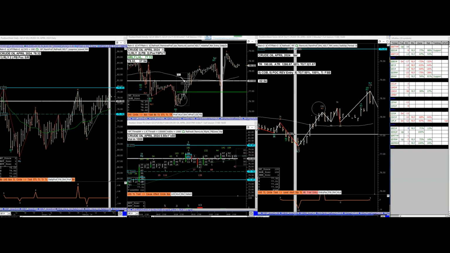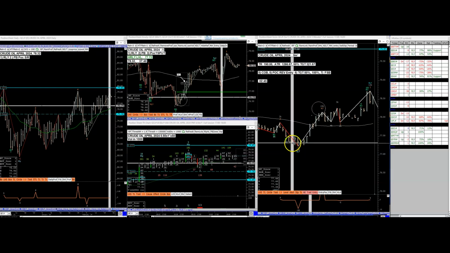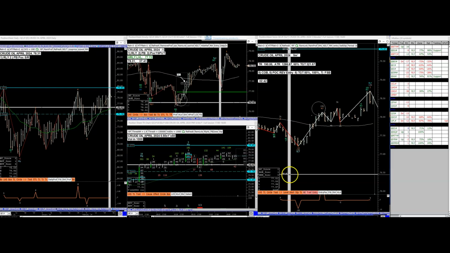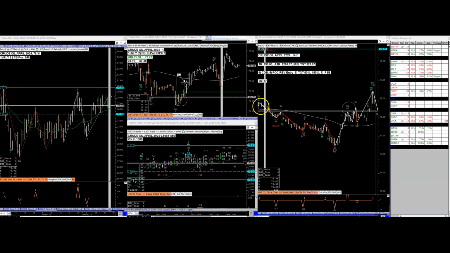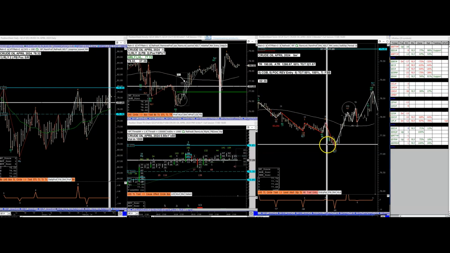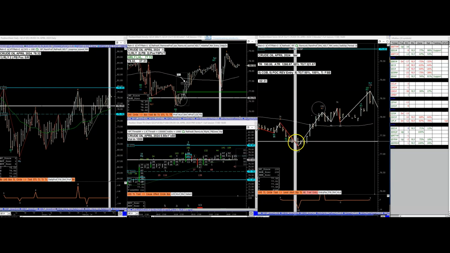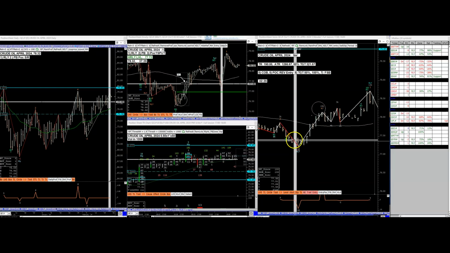This green bar is the biggest green bar in 100 green bars. Again, this green bar here is the biggest green bar in 100 green bars. It's not normal. That right there is your change of behavior bar.